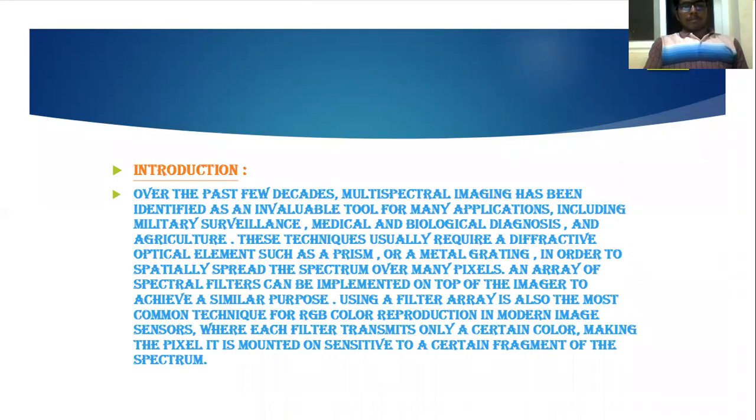An array of spectral filters can be implemented on top of the image sensor to achieve a similar purpose. Using a filter array is also the most common technique for RGB color reproduction in modern image sensors, where each filter transmits only a certain color, making the pixel it is mounted on sensitive to a certain fragment of the picture. This is from this slide.